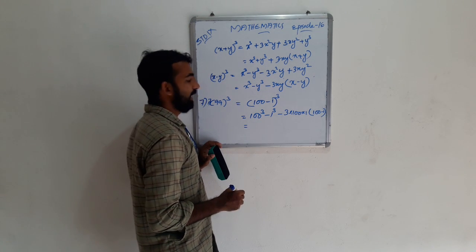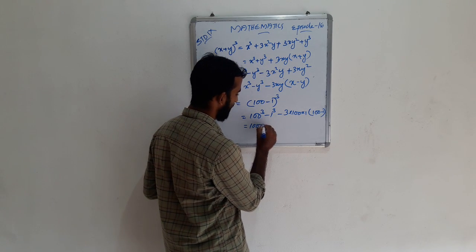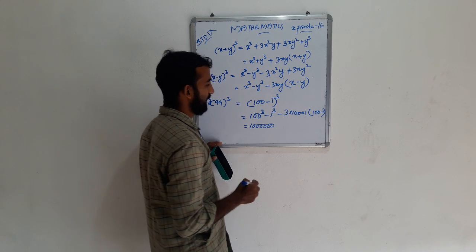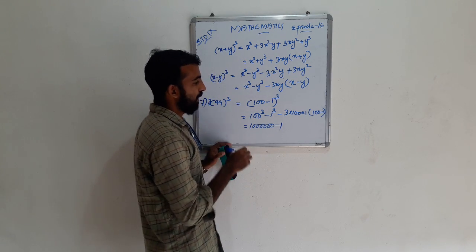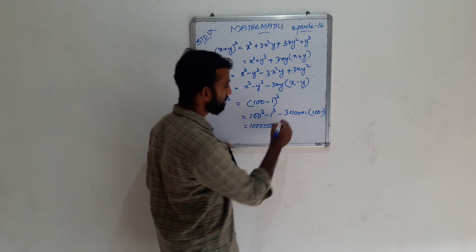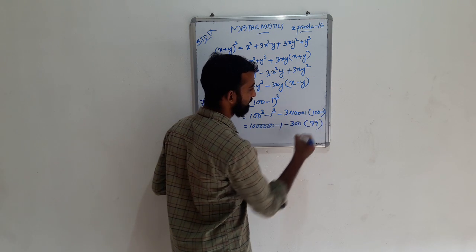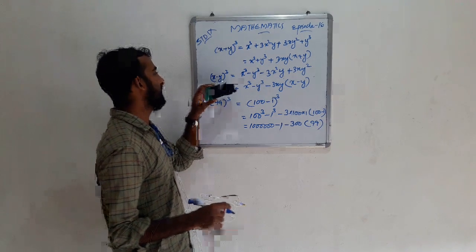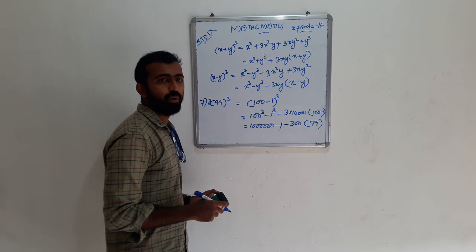Here 100 cube means 100 into 100 into 100, that is 10 lakh, minus 1 cube, which is 1, and 3 into 100 means 300 into 99. We are using the identity (x - y) whole cube equals x cube minus y cube minus 3xy into (x - y).